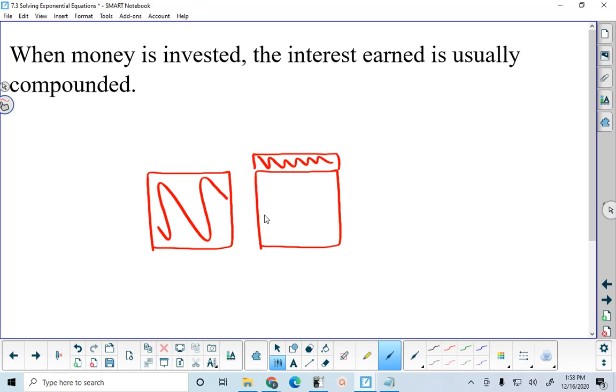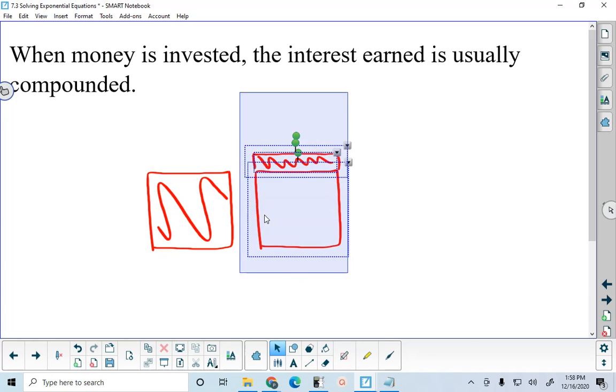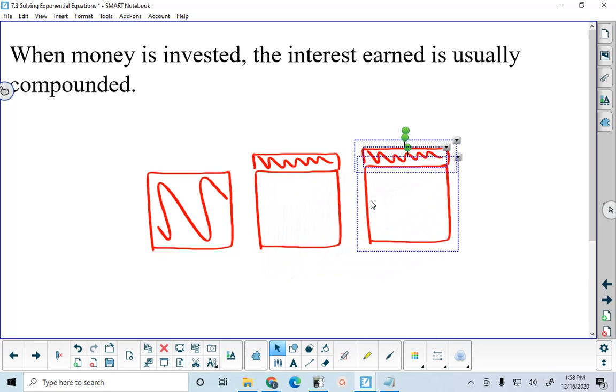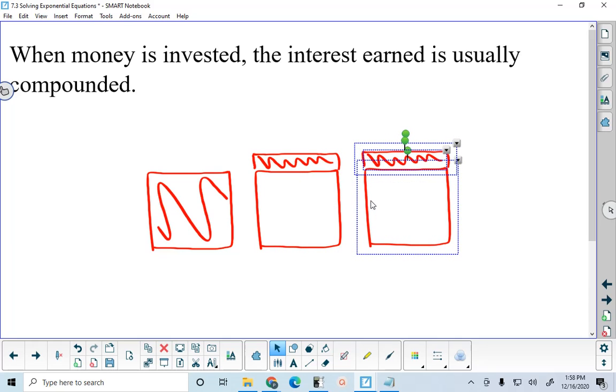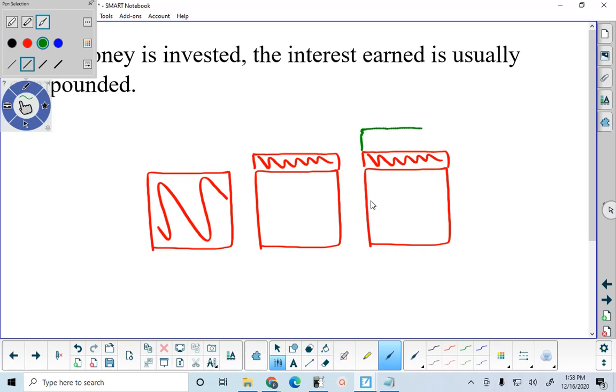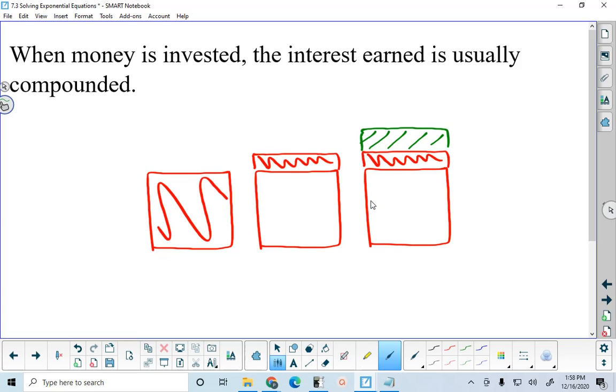And then what happens is your investment, which now is bigger, sits in an account for the same period of time, and then at the end of that period of time, you get some money. And the money you get here in green is bigger than the money you got in red on the second diagram.